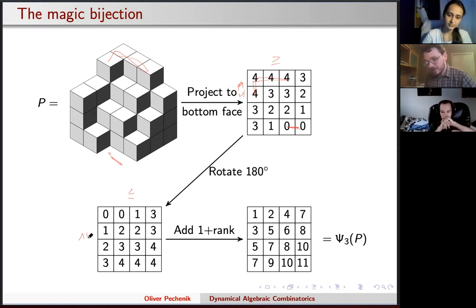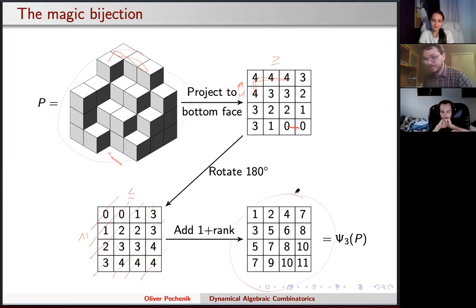And that's not so bad either. I'm just going to add 1 to this stripe, and 2 to this stripe, 3 to this stripe, and 4 and 5 and 6 and 7, and I just get these other numbers. Things that could have been equal are now definitely separated from each other. Okay, so this is some way of taking one of these objects and producing one of these objects.